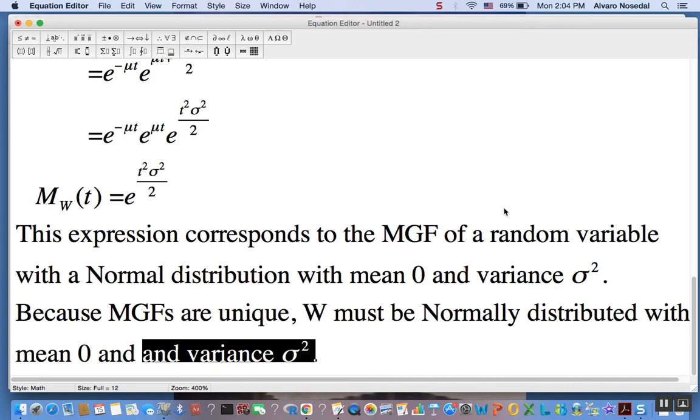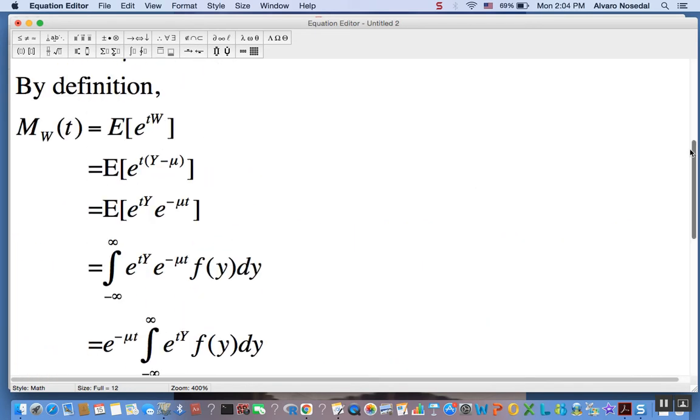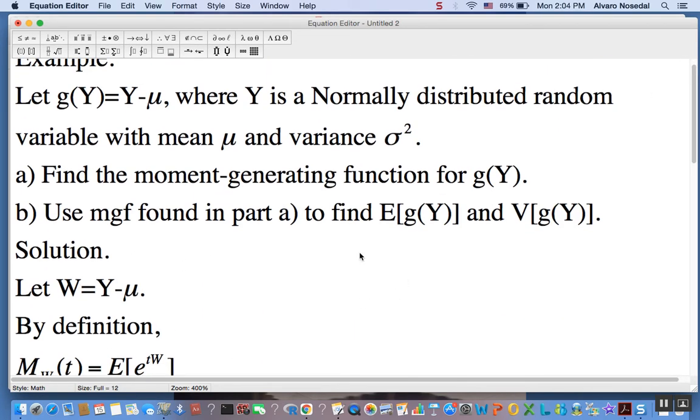So what I want you to remember from this example is that this is another important application of MGFs. If you compute the MGF of a random variable, or a transformation of a random variable for that matter, and you end up with an MGF that you are able to recognize, that means that your transformed random variable has that distribution.